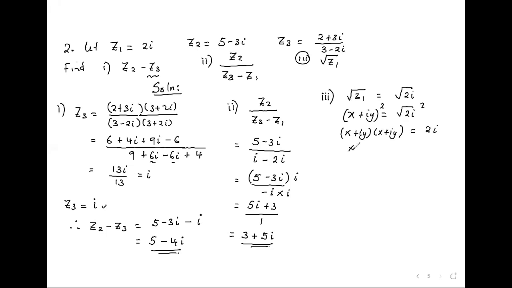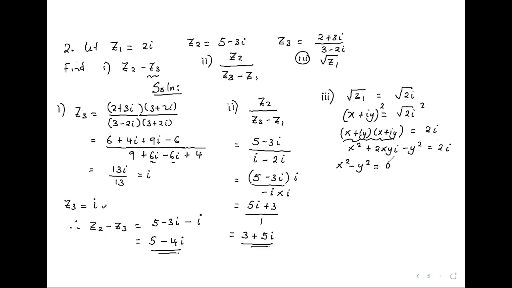This will give us x squared plus 2xyi and then minus y squared. When we expand this, we multiply x times x, x squared, x times y, xy, y times x, xy, and add the two to get 2xy, then y times y, y squared, i times i, negative 1, is equal to 2i. Then you have x squared minus y squared is equal to, on the right hand side, we don't have any number that is without i.